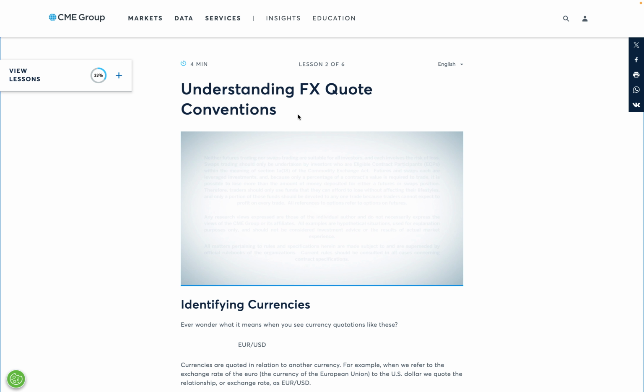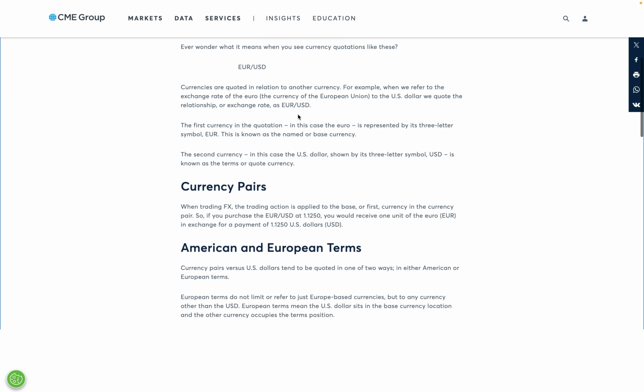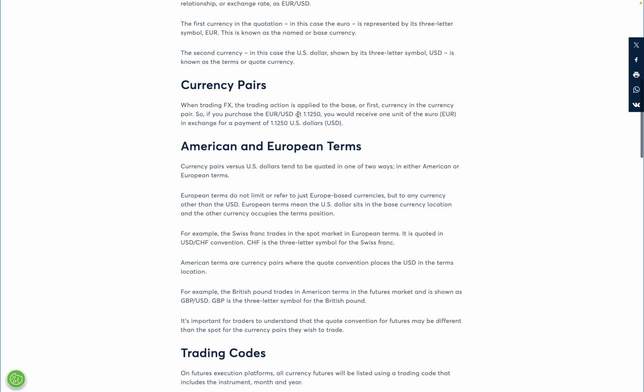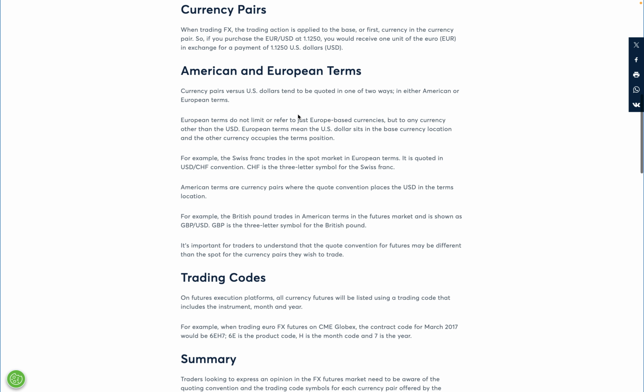We looked at base and quoted in the FX symbol, with the base being the first currency and the quoted, or the term, being the second currency.